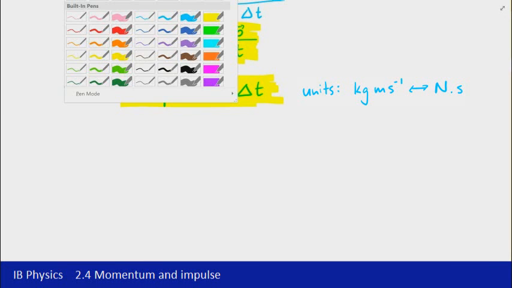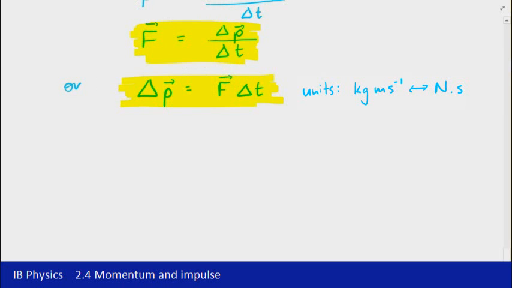Some important points to make here. The impulse that occurs depends on both the size of the force and the time over which that force is applied, or the duration.